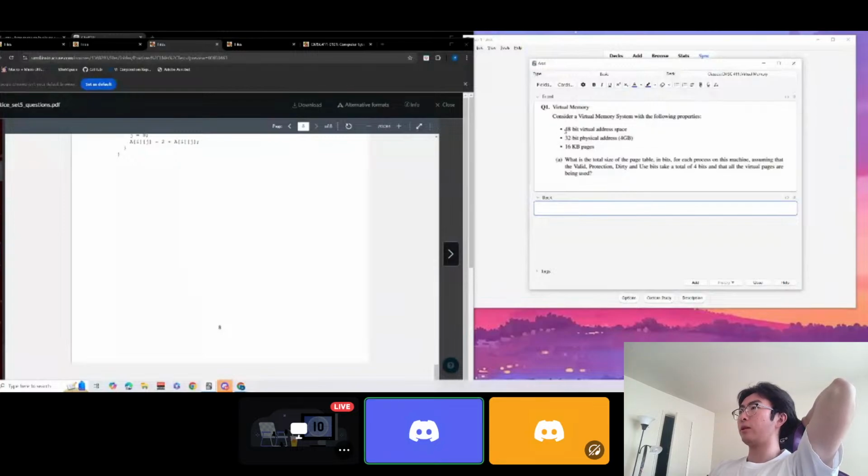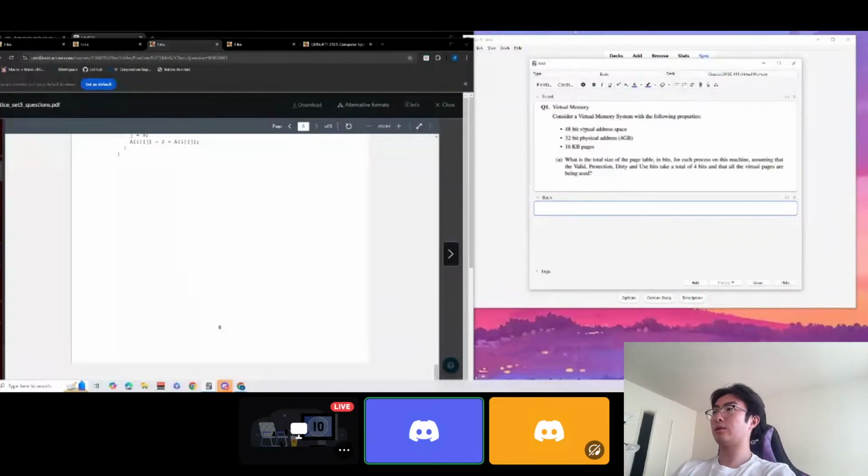Okay, so we have a 48-bit virtual address space, right? Important information given to us. So 48-bit virtual address space and 16 KB pages.